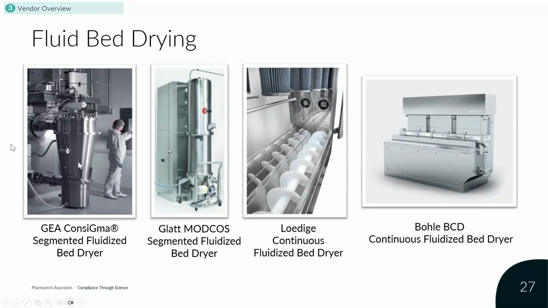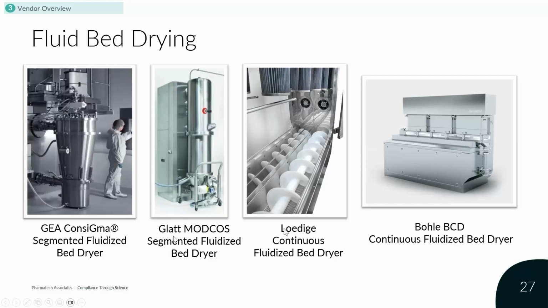You see today either segmented fluid bed dryers where you have static segments or moving segments, like the Glatt Modcos system, for example. But here again, you go from a continuous flow regime from the twin screws or from the helix or the single screw granulation device into a quasi-continuous or semi-continuous fluid bed process.